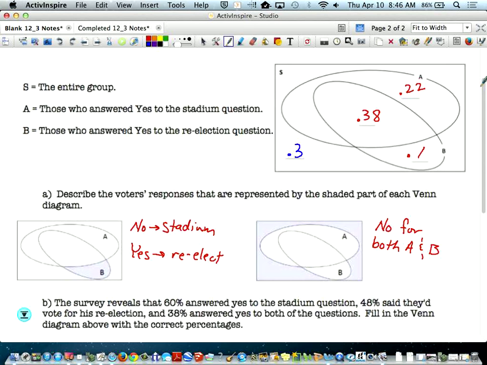Everything but the double overlap. Everything but the overlap portion, right? Because you could have said no to both. That's this group. You could have said yes to question 1, but no to question 2. That's that group.